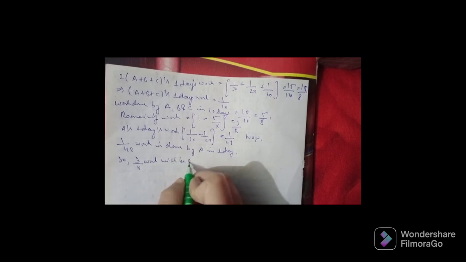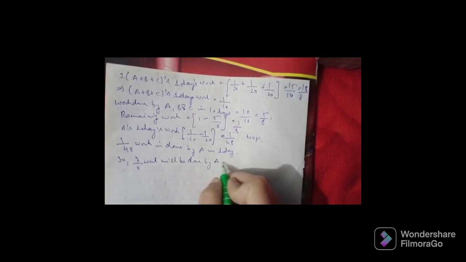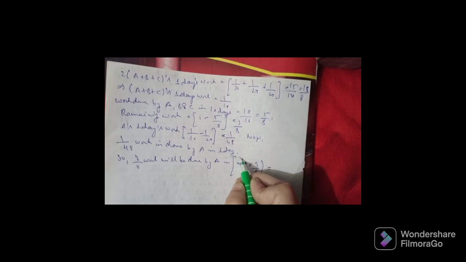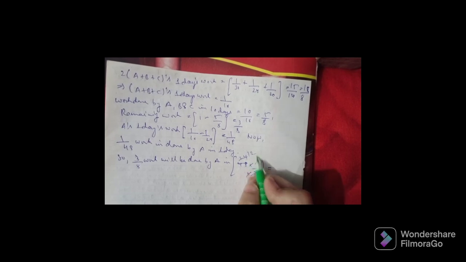So 3/8 of the work will be done by a in 48 × 3/8 days. Simplifying, 48 divided by 8 is 6, and 6 times 3 is 18. So we get the answer here, and that is 18 days.